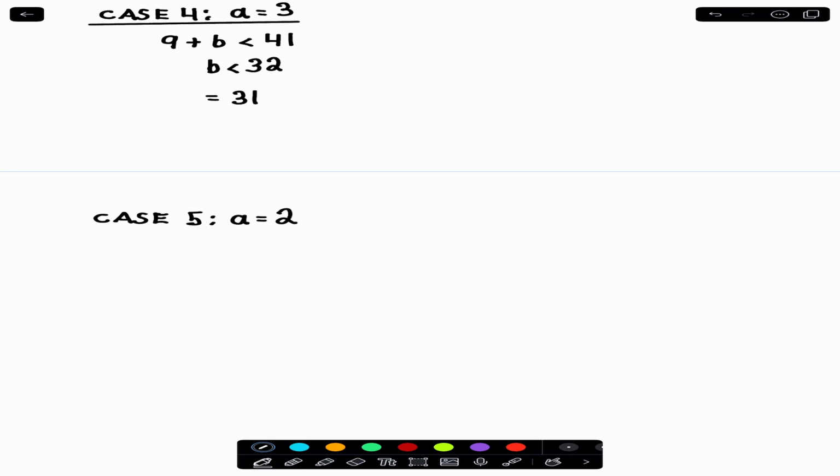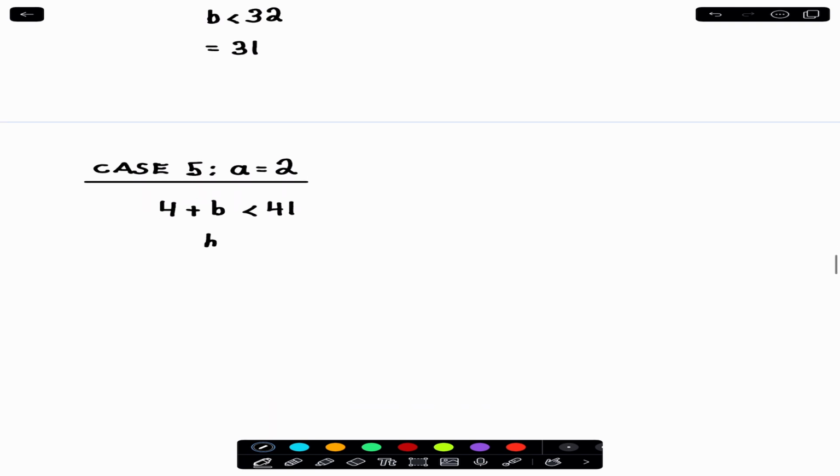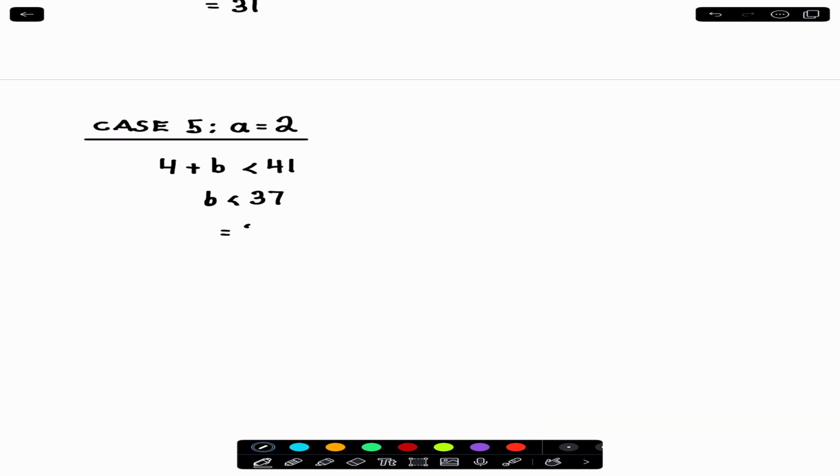When A equals 2, 4 plus B must be less than 41, so B must be less than 37. So there's 36 possible values for B when A equals 2.